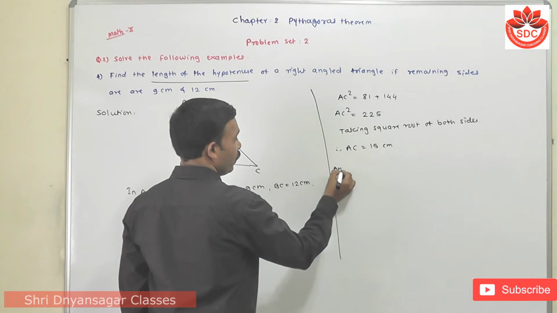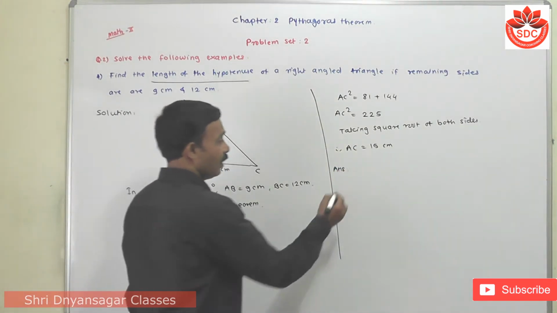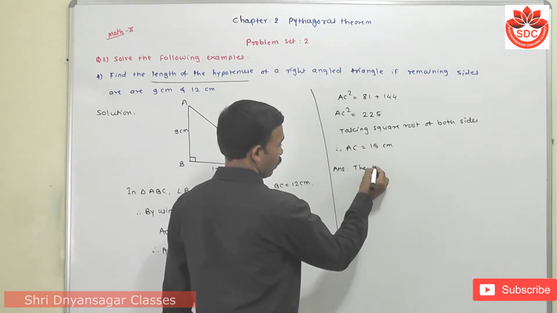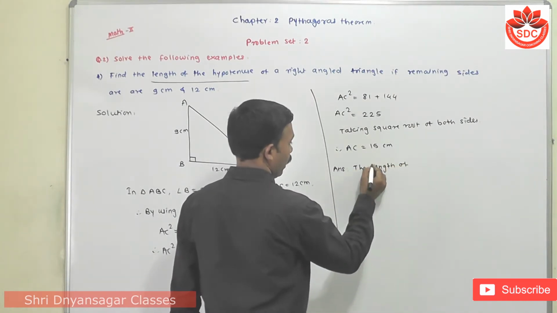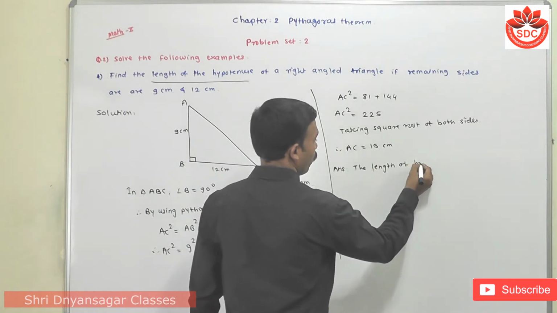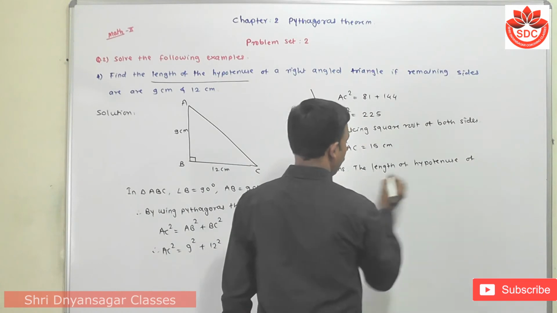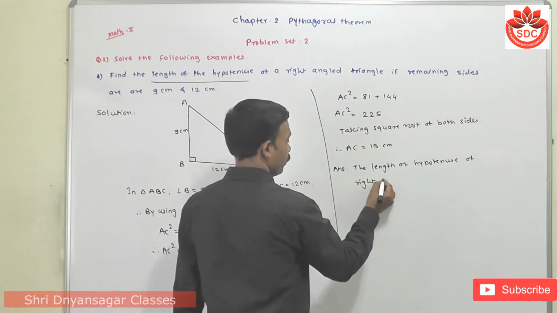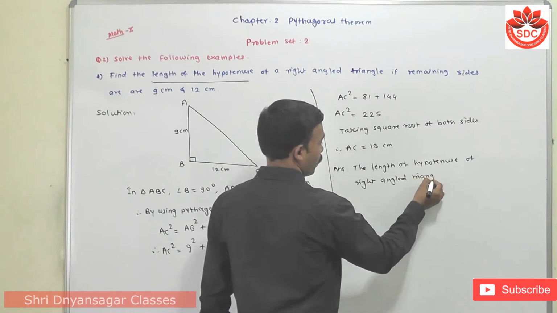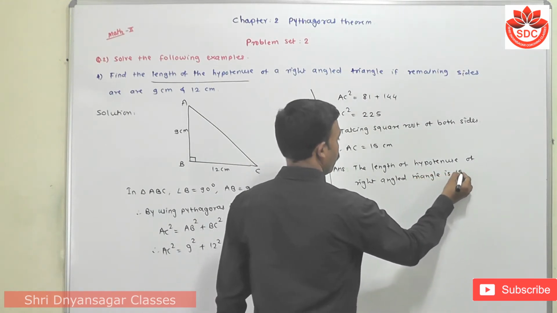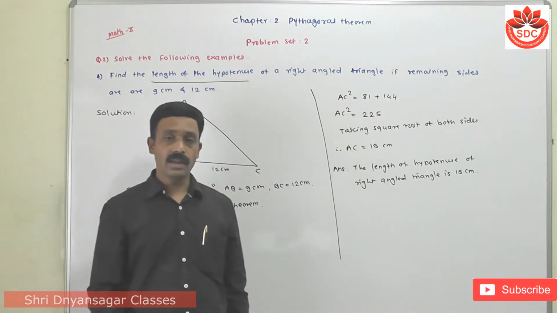The answer in a full sentence: we have to find the length of the hypotenuse, so the length of the hypotenuse of the right angle triangle is 15 centimeter. Okay, so a simple question. We see the next question.